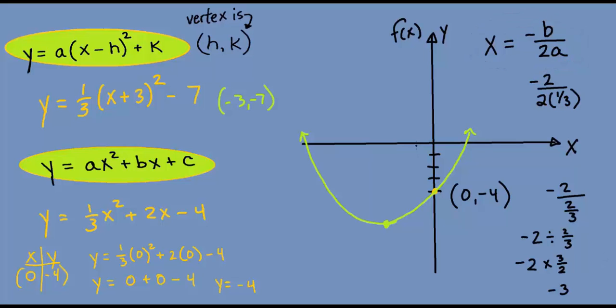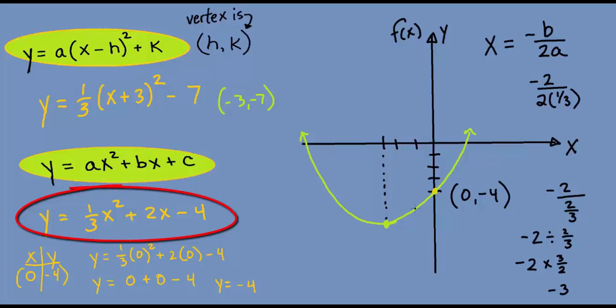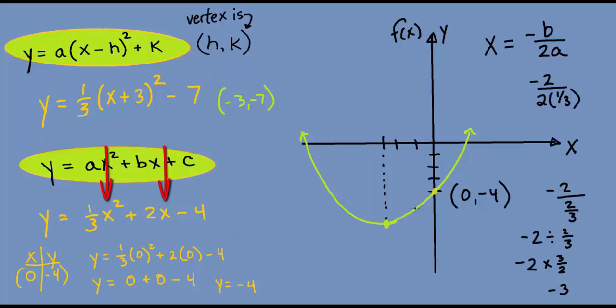So back 1, 2, 3. Now, if you didn't know that the y-coordinate was -7, what would you do? Pretend you're just looking at this standard form. Well, it's simple. You just put that number in for x. You input a -3, right? Because that's the x value. We know that's the x value of the vertex.